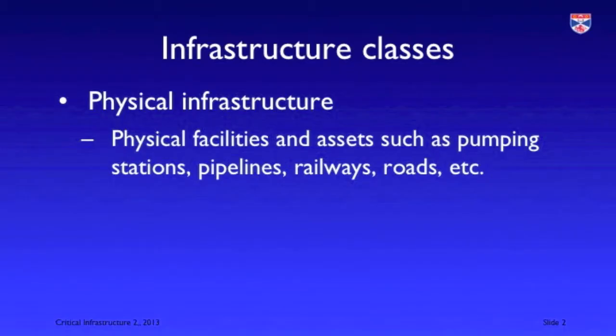Physical infrastructure is used to deliver services such as transport, energy and water treatment. It's a set of assets, power stations, railway lines, switching systems that are used to control, create and provide these particular services.